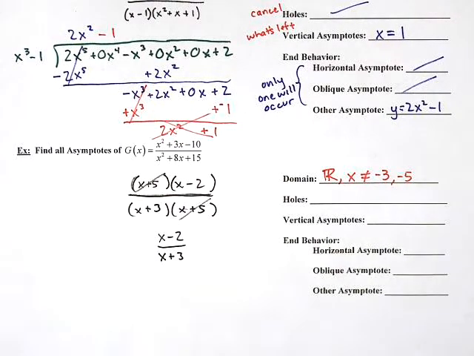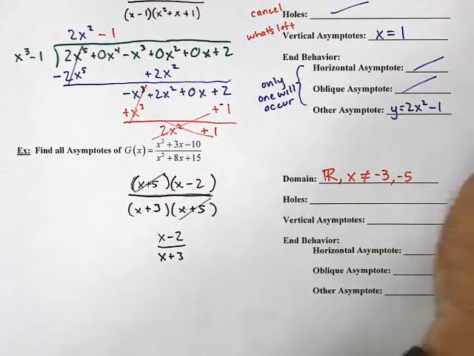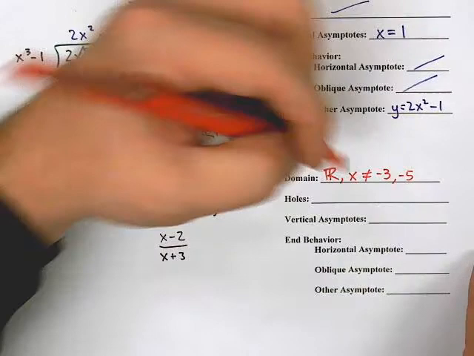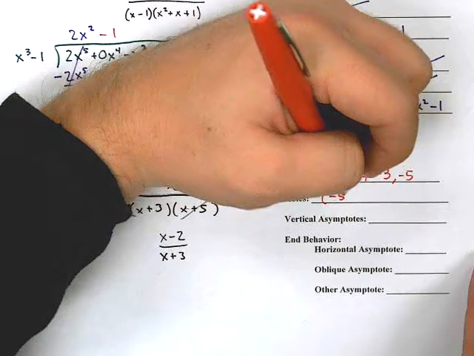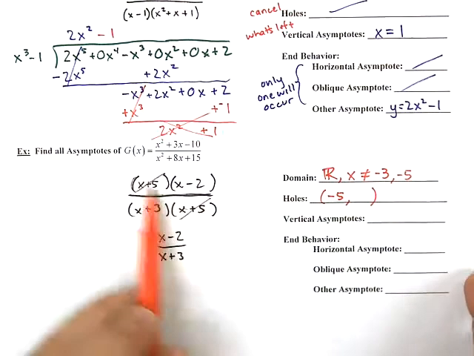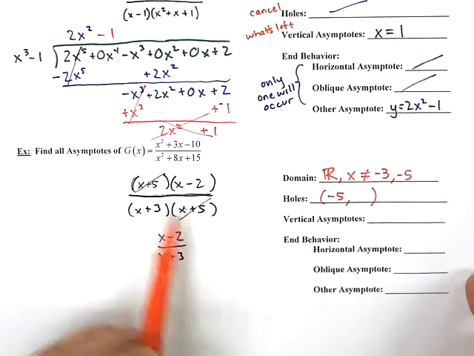So please remember, if something cancels out, that leads to a hole. So I know I'm going to have a hole at -5 because x plus 5 canceled.